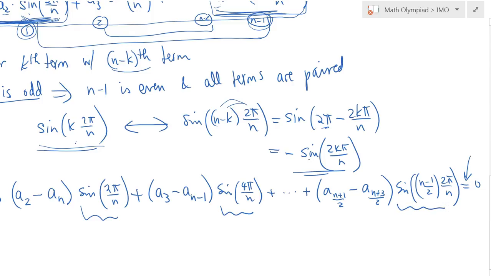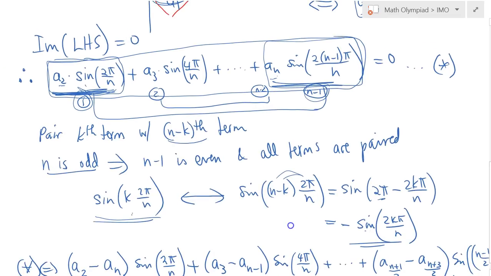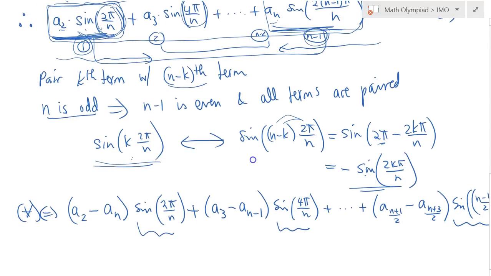Because we did a pairing business, you just realize that all these angles, obviously this angle is less than 180 degrees. When you start from the beginning, half of them will be less than 180 and the other half will be greater than 180. But when I do the pairing, I just take the little one, right? Because I decided to rewrite the big one as minus the little angle, right?